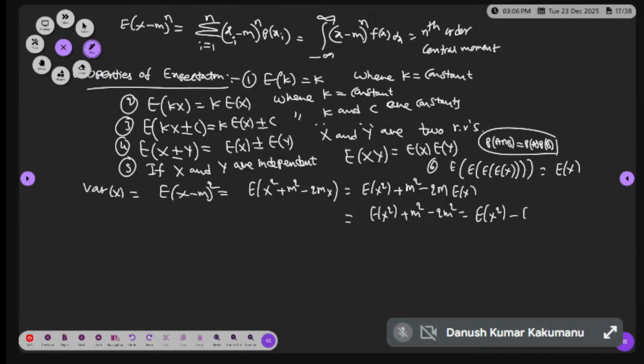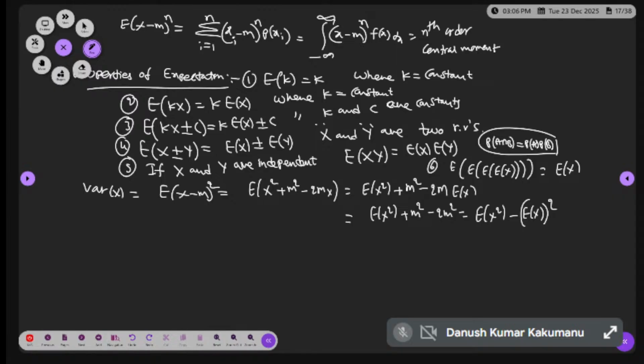Here m means E of x. After finding E of x, the result is a constant, so the expectation of E of x any number of times is again E of x. Not only 4 or 5, n number of times also it is E of x only.